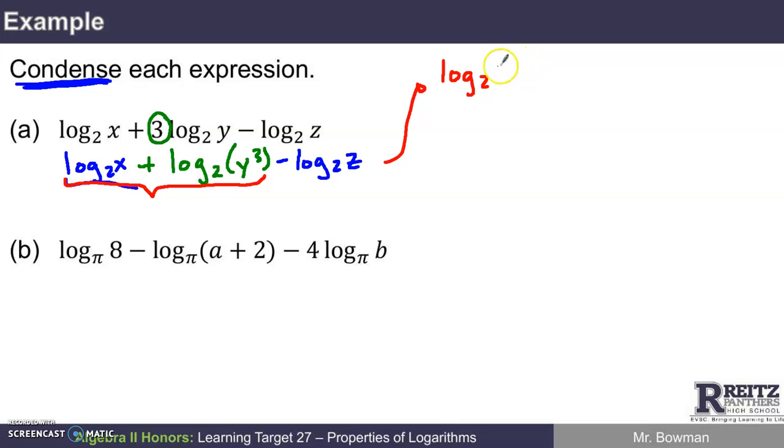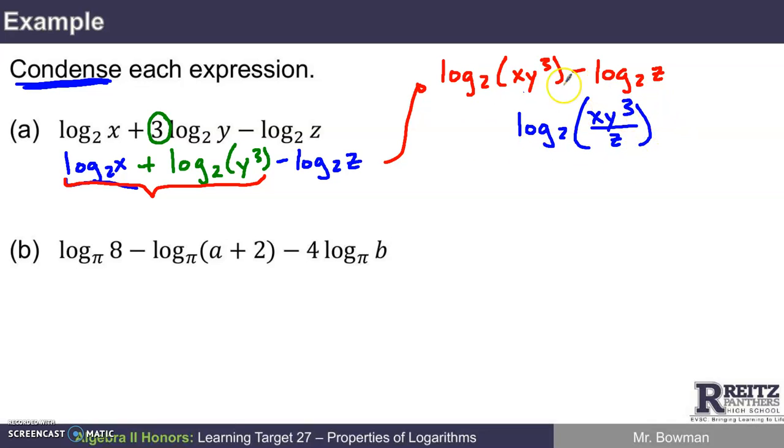It would be x times y cubed. x y cubed is the input. Then I've got my minus log base 2 of z. What I see left now is 2 log terms separated by a minus sign. That makes me think I could write that as one term where I divide x times y cubed all over z. And there is our condensed expression.